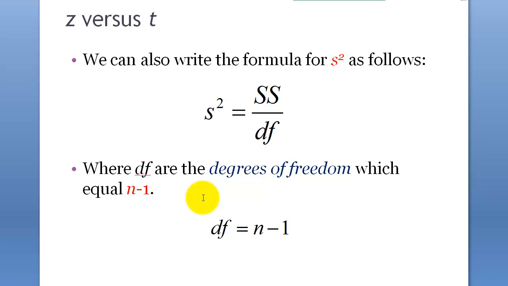If the sample size is larger, then the error is going to be smaller. It's going to be really close to the population, but if the sample size is small, then the estimate is going to be a little more off. So degrees of freedom, because we don't know the exact standard deviation of the population, we need to take this margin of error into consideration when we do the whole statistical testing.